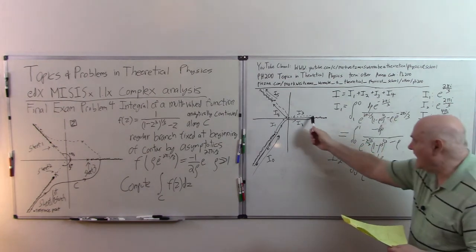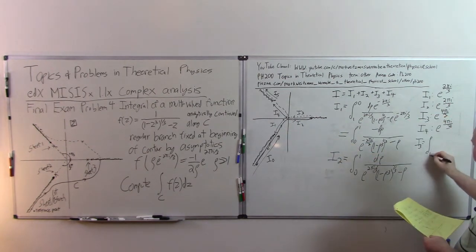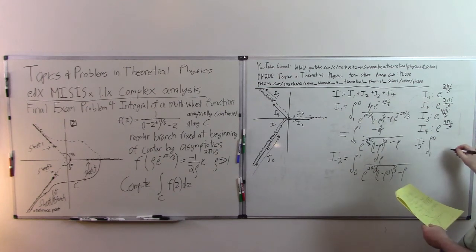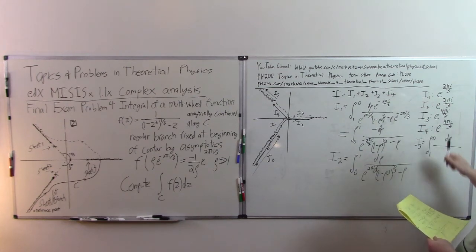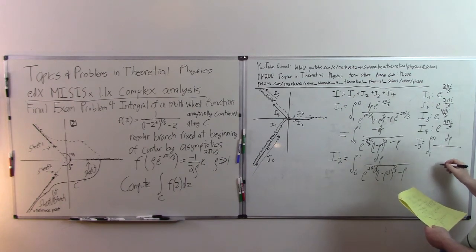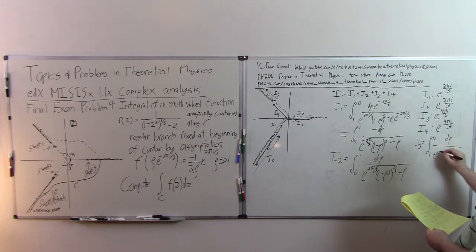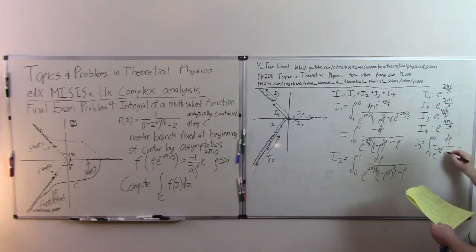I3, we're going back this way, so it's the integral from 1 to 0, d rho. On I3, we have this phase factor. I'm going to write it as e to the minus 2 pi i over 3, (1 minus rho cubed) to the 1/3 minus rho.